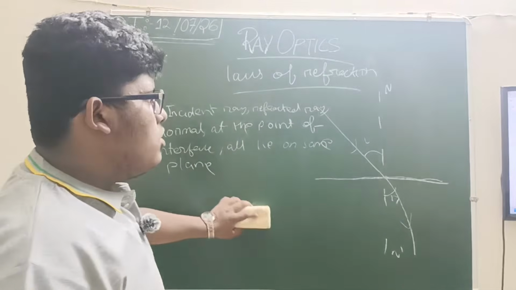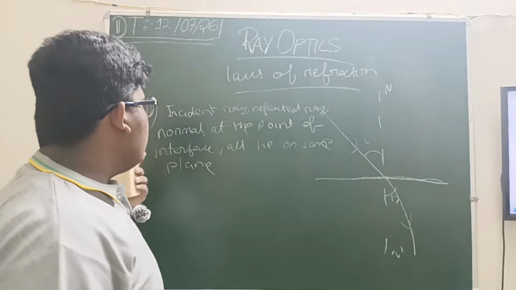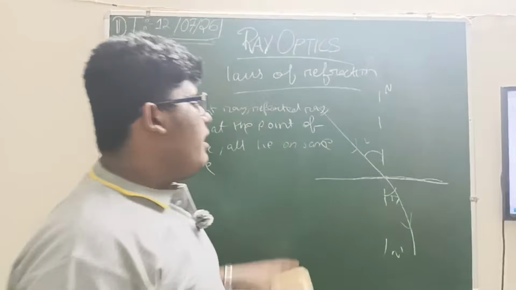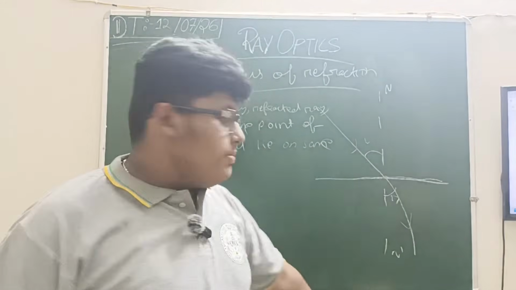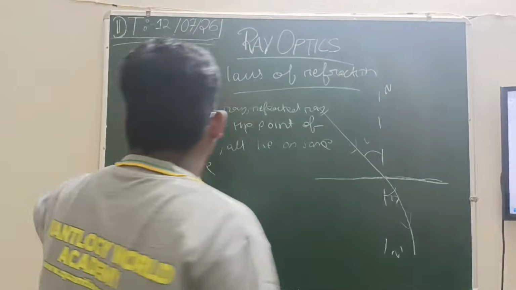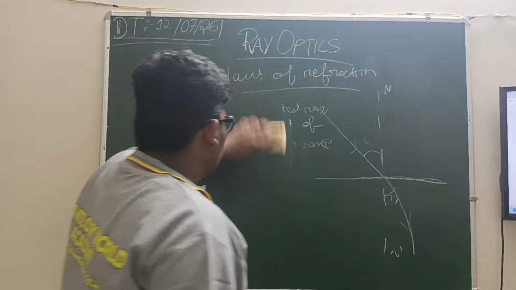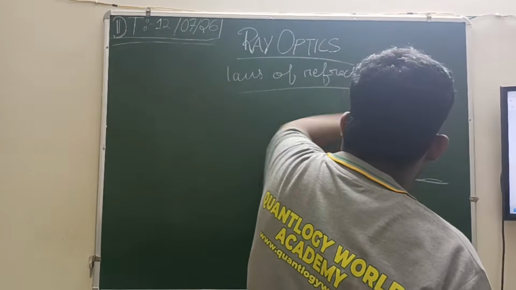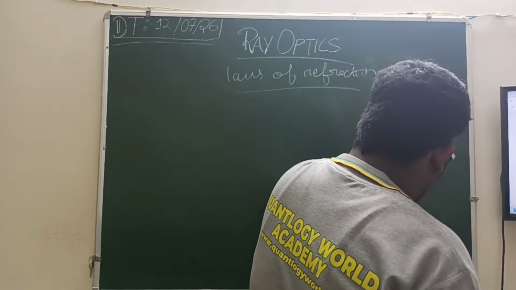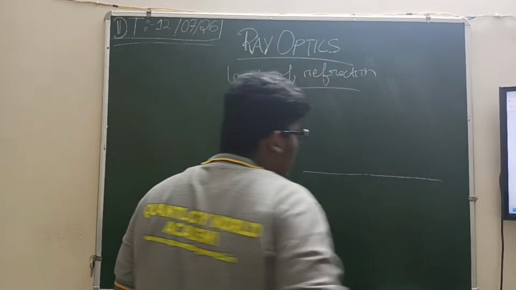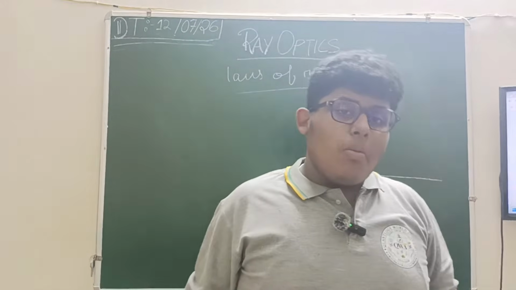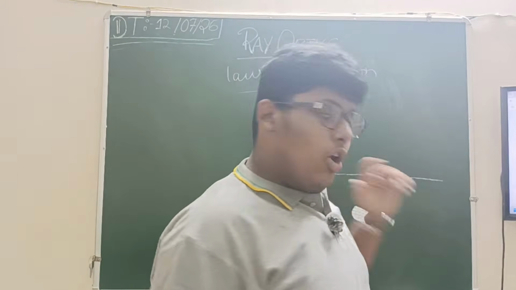Okay, this is first law of refraction. What this says, incident ray, refracted ray, normal at the point of incidence all lie on same plane. Second law is a very important law, and mostly numericals come based on second law of refraction.